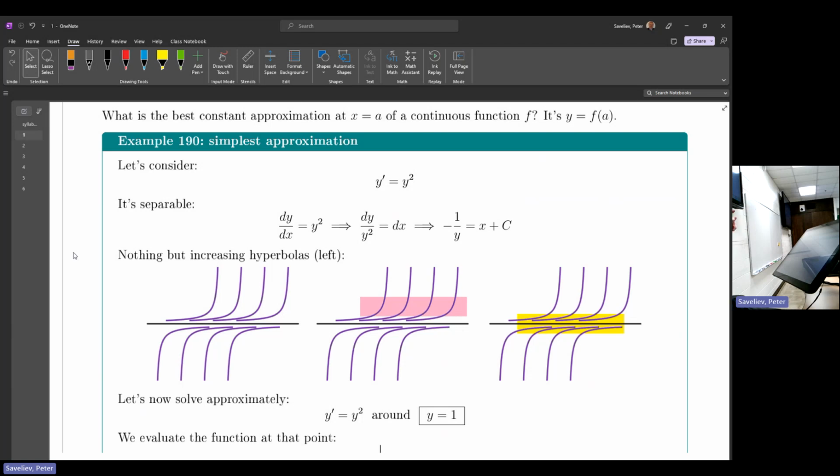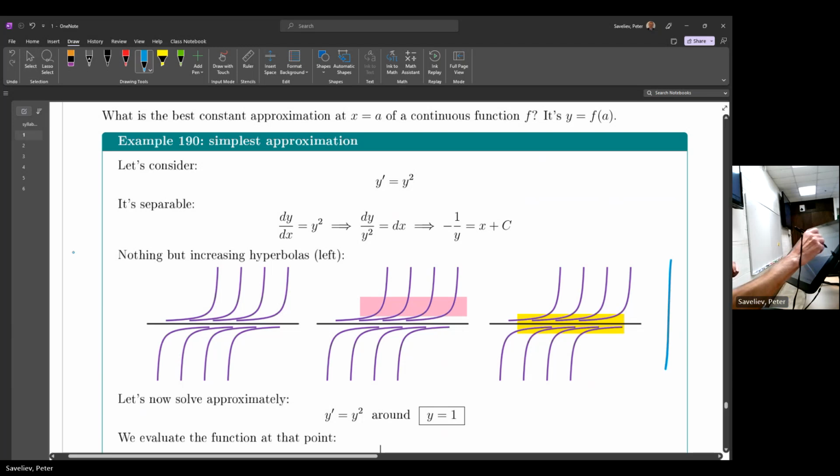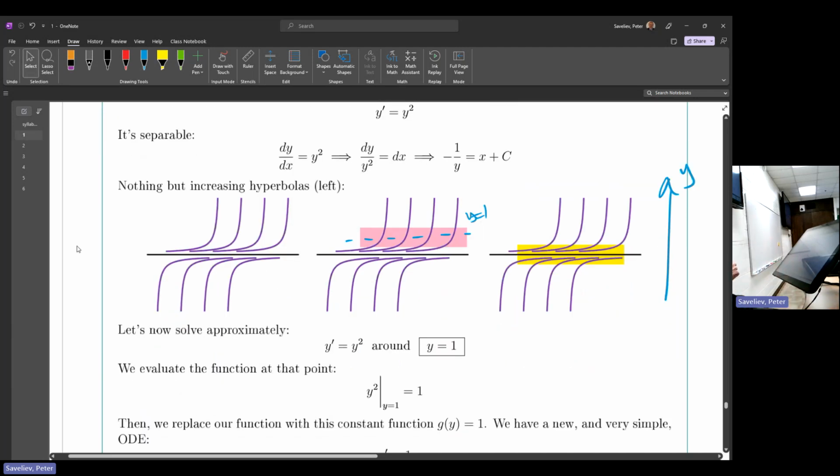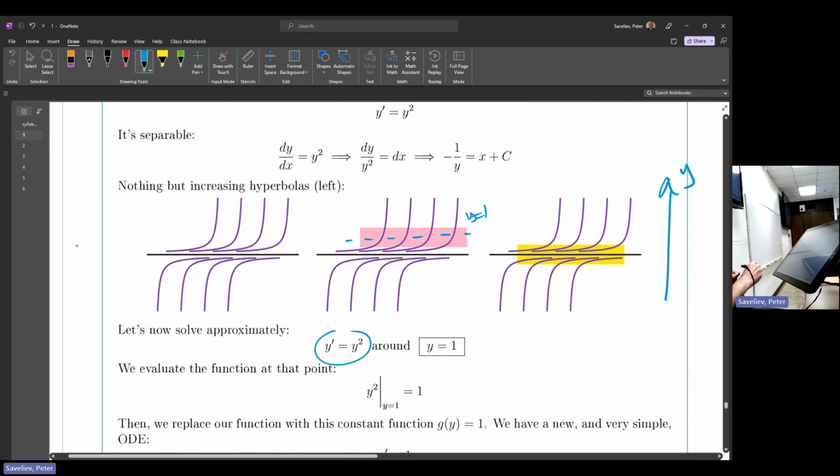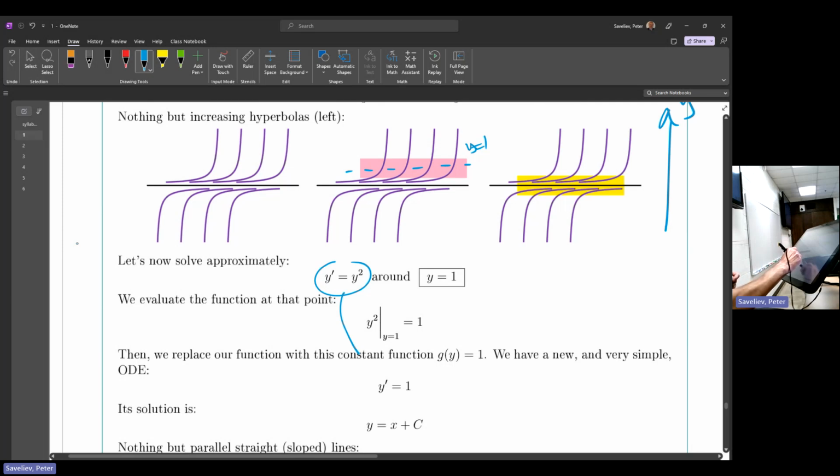If we pick the pink one, y equal to 1, where y is the vertical axis, then in the vicinity of y equal 1 the constant approximation is indeed sufficient. y squared at y equal to 1 is equal to 1. That's the constant function that we can take, and we can replace our differential equation with this one, as I promised. This sounds silly, but y prime is equal to 1.